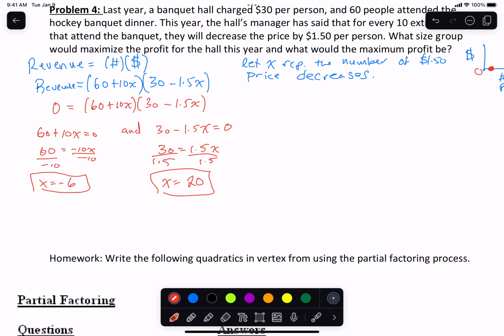Which is not what this question asked, but we can use it to help us solve for the middle and ultimately what the maximum revenue would be with the number of people that coincide with it. So if I find the axis of symmetry, that's your axis of symmetry.